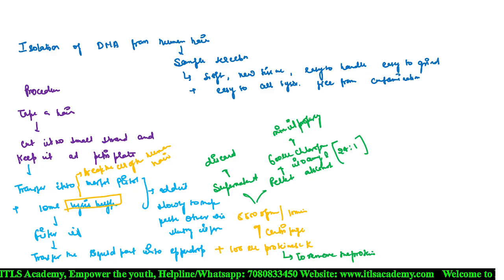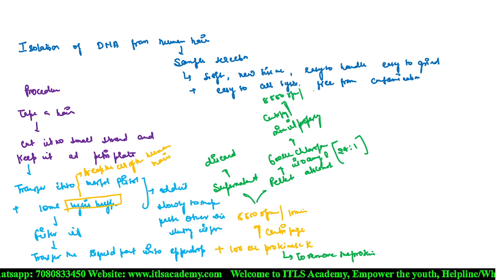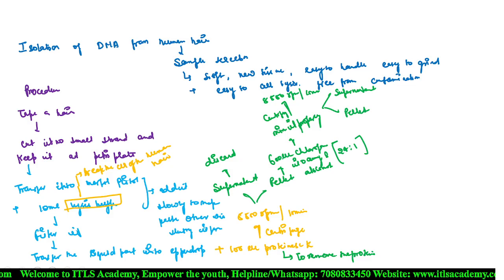After mixing it, again centrifuge. This time you have to centrifuge it again at 5500 rpm for 10 minutes. Then you get what? You get supernatant and pellet.